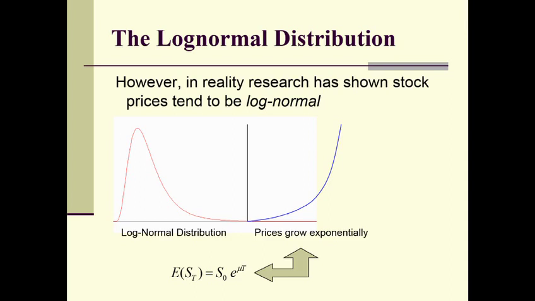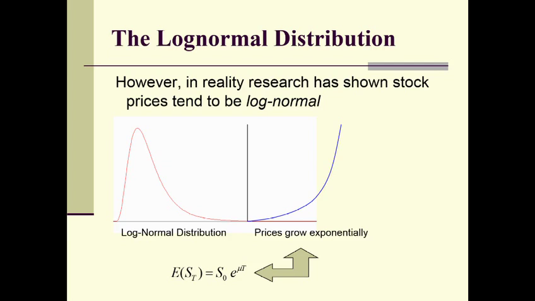So prices tend to be log normal. As a result of that, you need to calculate your returns in terms of the natural log and not simple returns. Now, if you look at a log normal distribution, it's skewed to the right. So what does right skew mean? Stock prices over the long term tend to skew to the right.